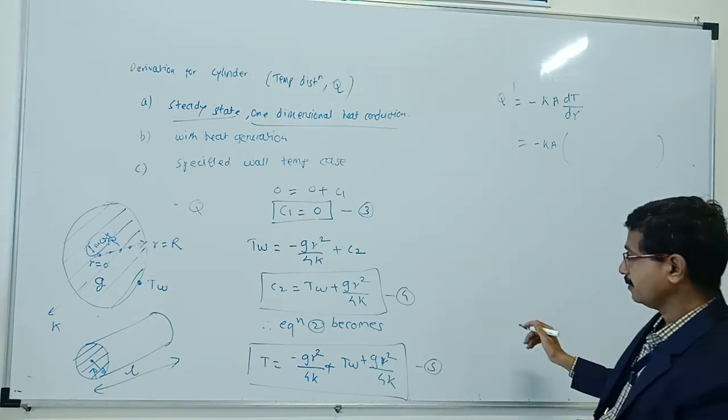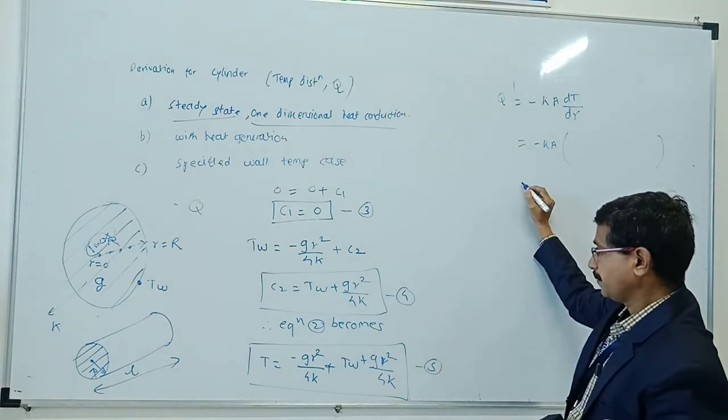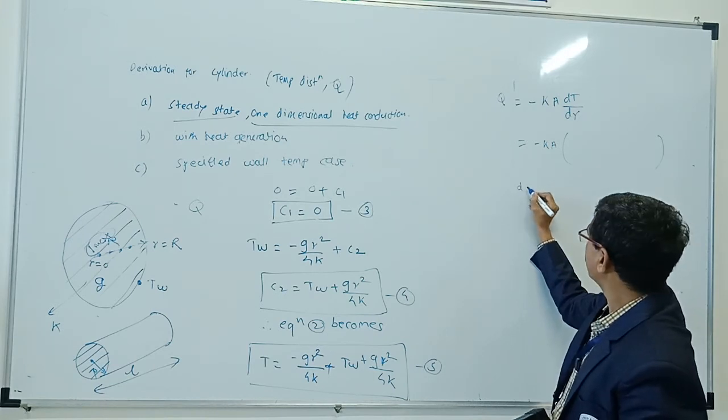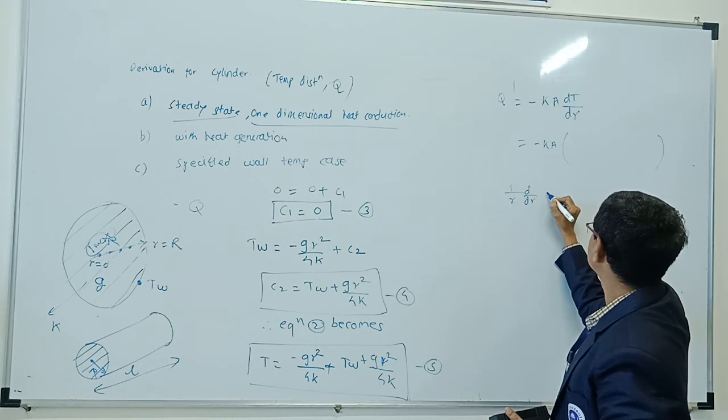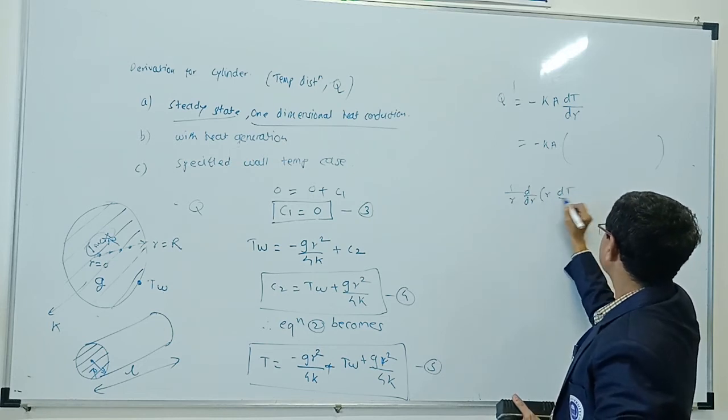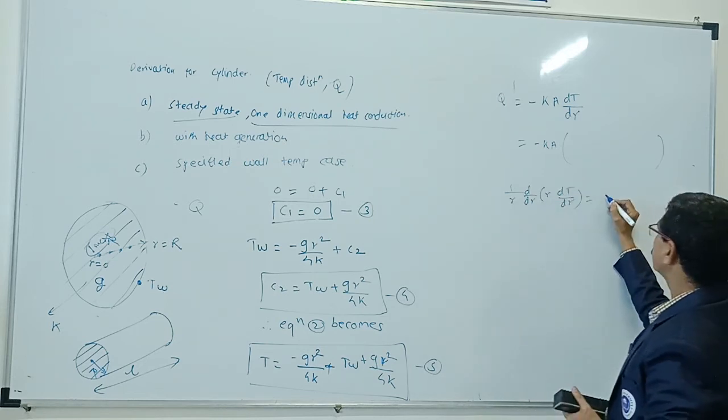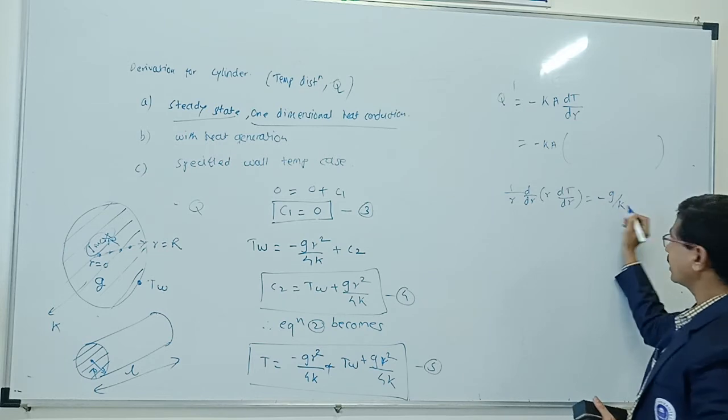I will write it again because I don't have a reference. हमारा पहला एक्सप्रेशन क्या था? 1 by r d by dr of r dt by dr is equal to minus g by k. I am again solving.